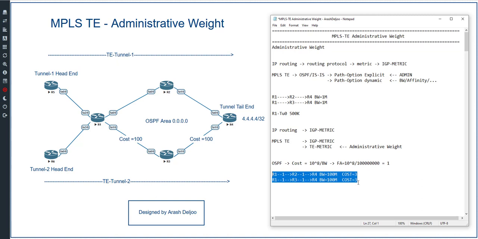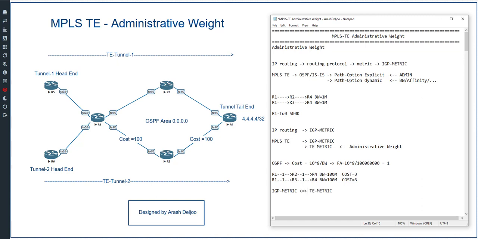But let me talk about the metrics in this path. Look at here. You know that until now, we talked about only the IGP metric. Let me say that every interface in MPLS traffic engineering has another metric, the TE metric, and these two metrics are independent.